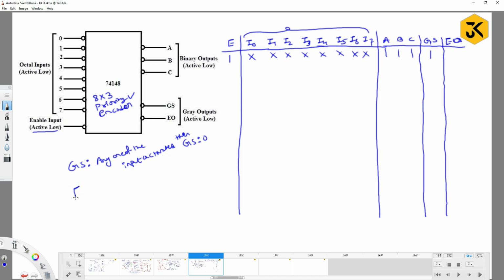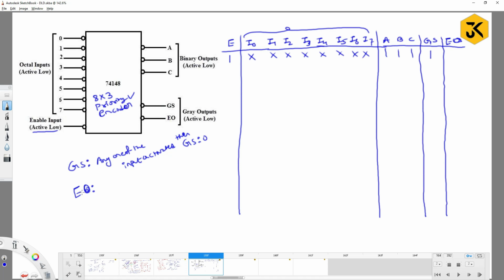Similarly, enable output. If you would like to realize a large circuit from small circuits, like realizing a 3 by 8 mux using 1 by 2 muxes, then for every 1 by 2 mux you are going to have one pin as enable output. That enable output pin will be 1. What is the meaning of this? It is going to depend on other circuits also.